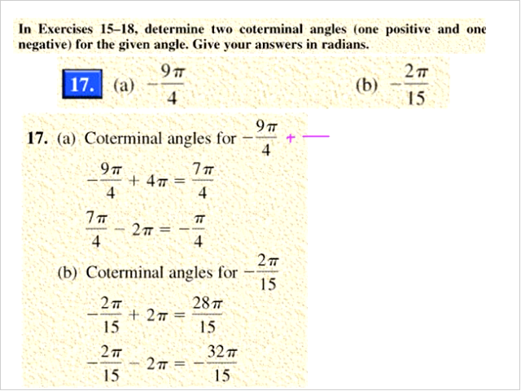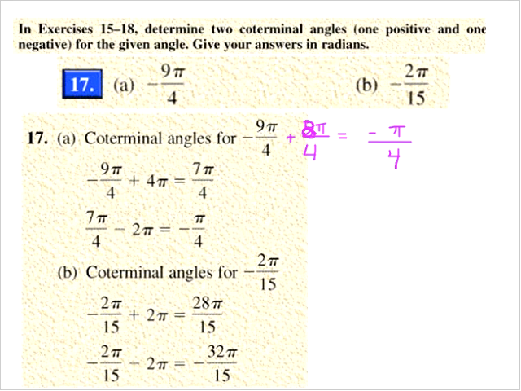Well, in order to add 2 pi, let's see, we need a common denominator. So that is the same as 8 pi over 4. So if I wanted to add 2 pi, I could do so and get negative pi over 4.